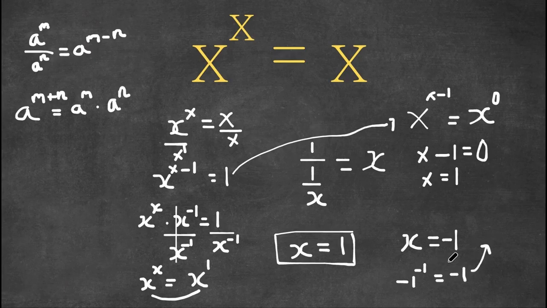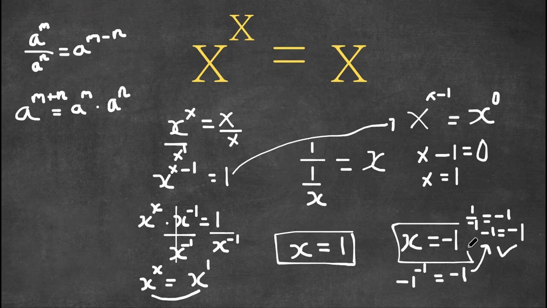Well, -1 to the power of -1 is simply 1 over -1, and this is equal to -1, and 1 over -1 is simply just -1, so -1 equals -1. So this is right. x equals -1 is also a solution to this equation.